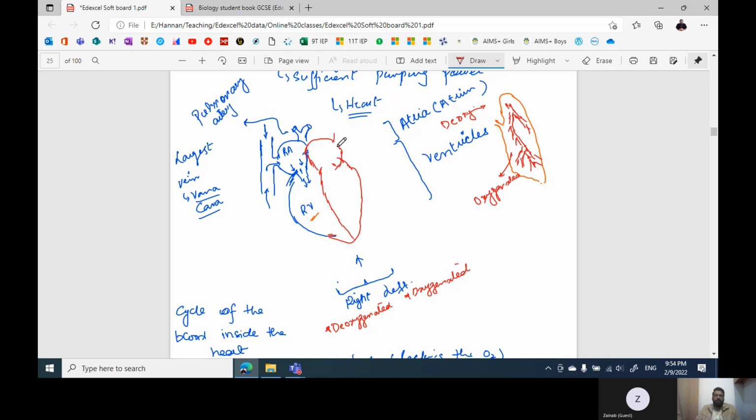Now, the blood that has been oxygenated is going to reach the heart with the help of, now what would we call this? Pulmonary vein, vein, because it is bringing the blood back.